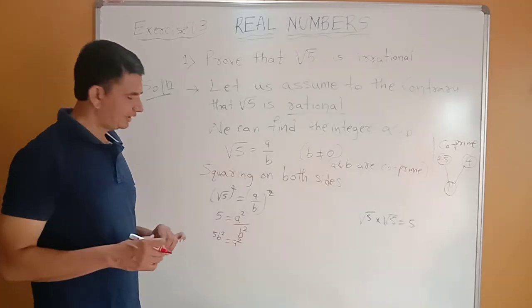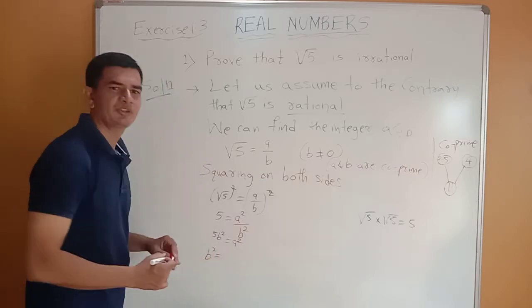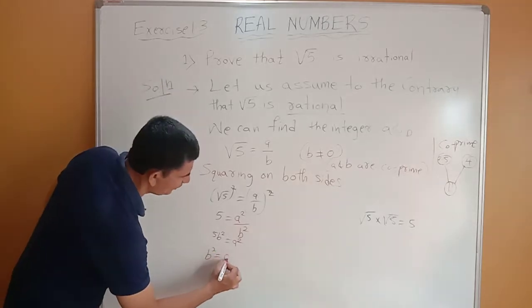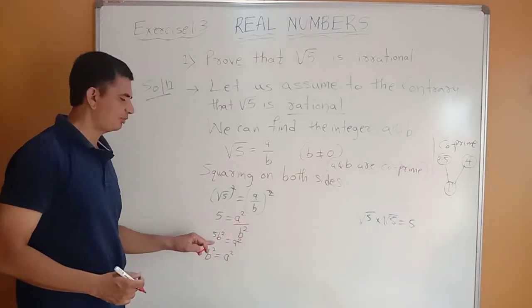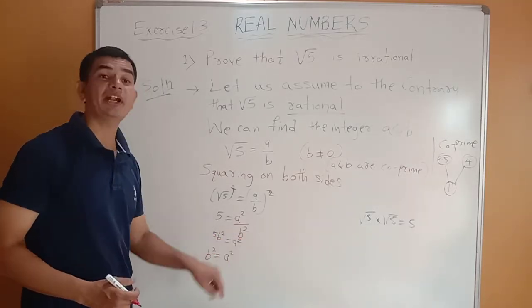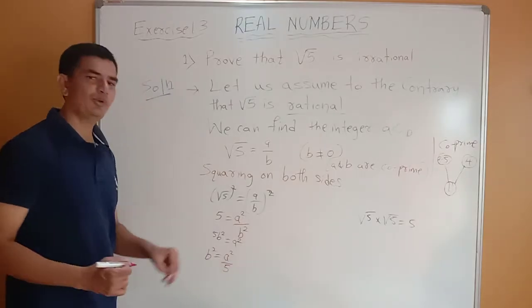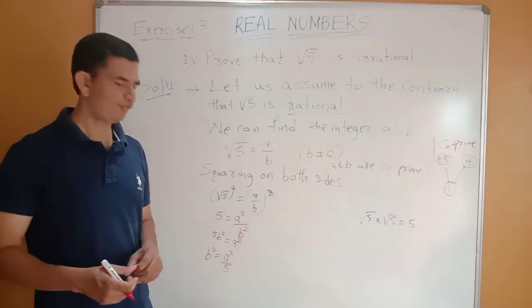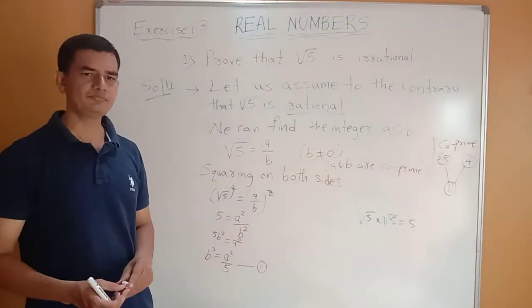This is the step. Now we have to find b square. A square as it is we have to write. This we take to the right side. Here it is multiplied, but if it goes to the right-hand side, it becomes division. So b square is equal to a square by 5. We can take this as the first equation.